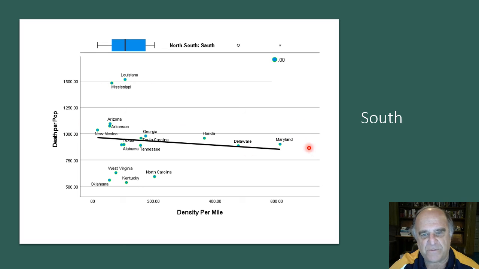And there's this group of states where as density increases, the deaths are pretty constant. Then there's some states with pretty low numbers of COVID deaths. Those are low density, but there's basically no correlation. We can see it when we plot the data and put a regression line on it.